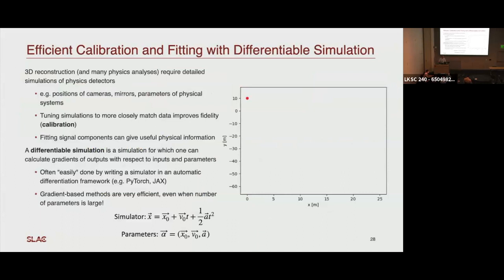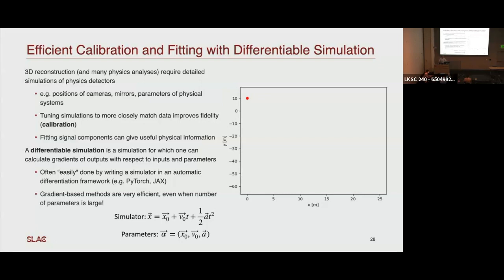And then in the talk title, there's also this idea of differentiable simulation, and I mentioned a couple of things being differentiable throughout the talk. And this, again, is this idea that 3D reconstruction and many physics analyses require detailed simulations of physics detectors. And in the 3D reconstruction case, this can be positions of cameras, mirrors, and parameters of the physical system more generally.